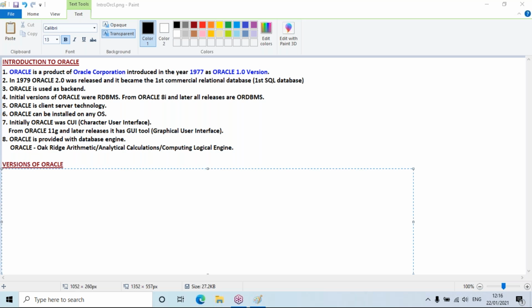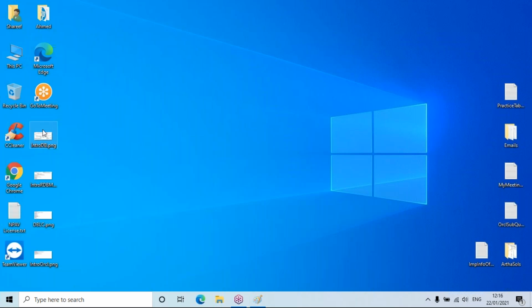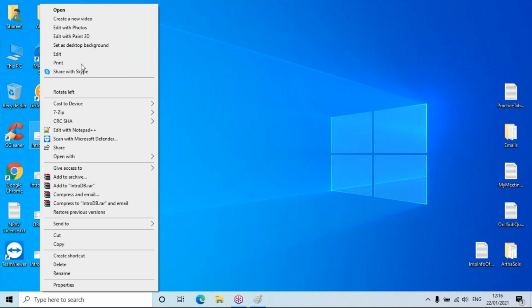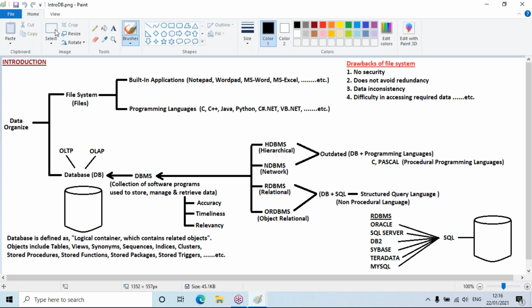In my introduction class, hope you remember, I'll just show you the picture. In the first session, I mentioned that databases are of two types: OLTP and OLAP. OLTP is online transaction processing. OLAP is online analytical processing. Now Oracle is both OLTP plus OLAP, and OLAP is nothing but data warehousing.